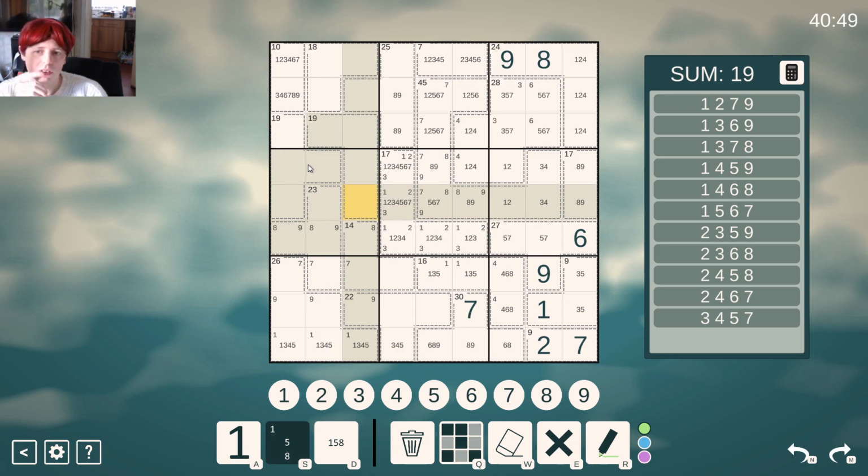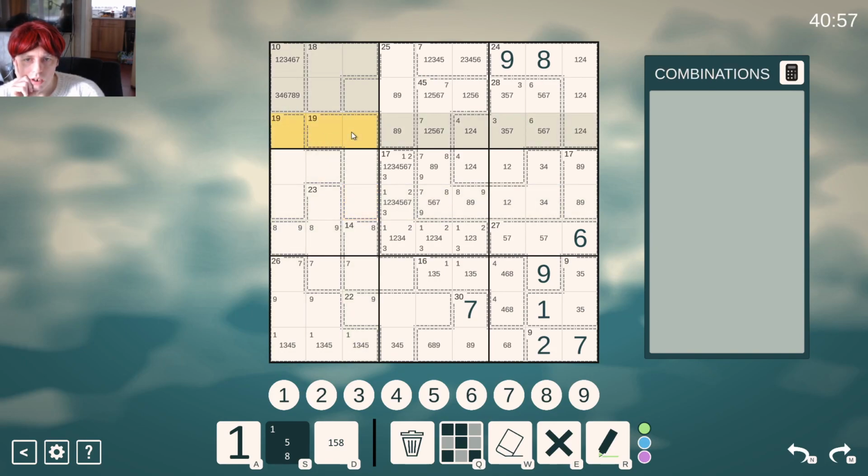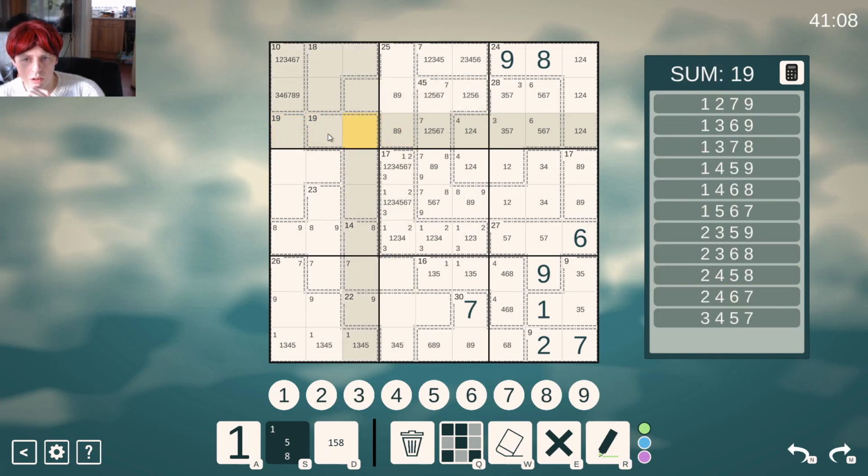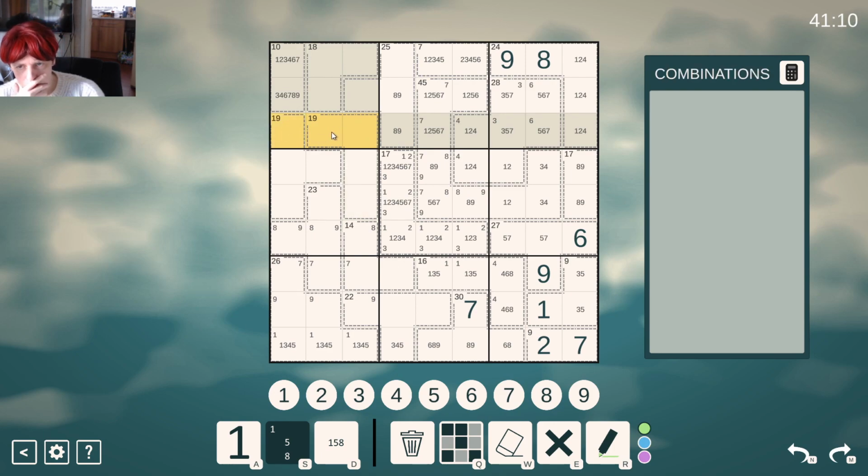You know, these 19s interact a bit. There must be an 8 or a 9 along there, because that's an 8 or a 9, and there needs to be one more in the row to complete the row.